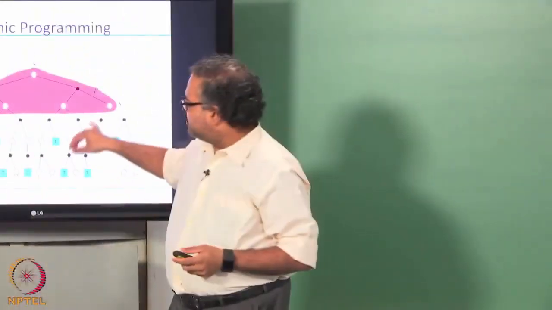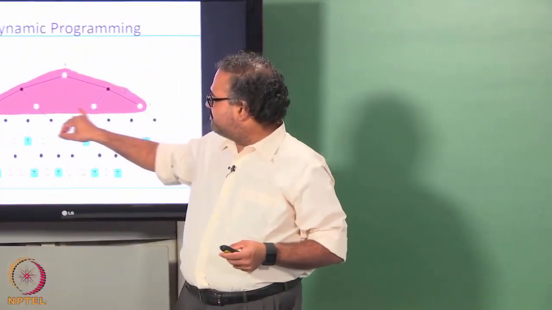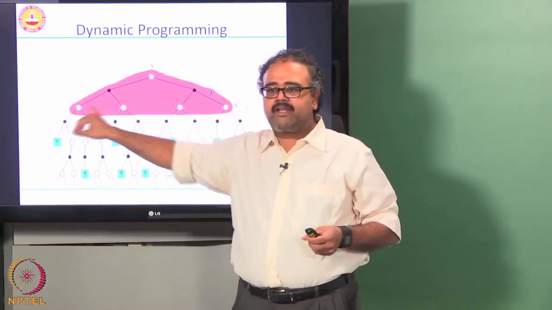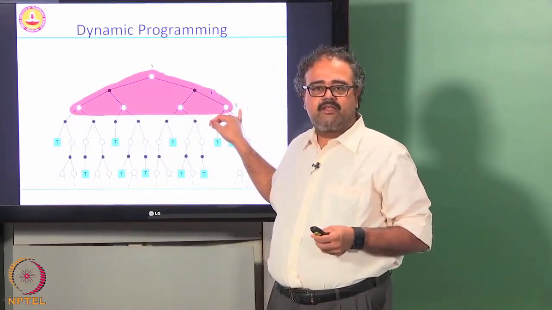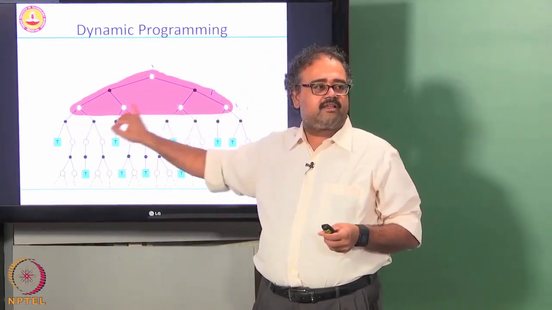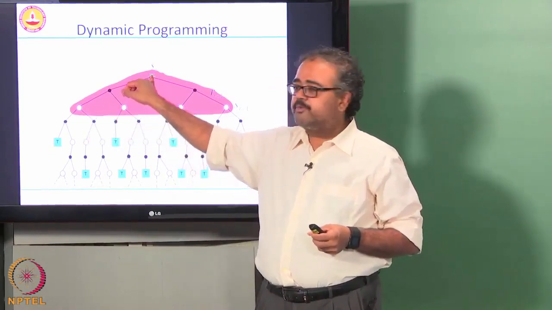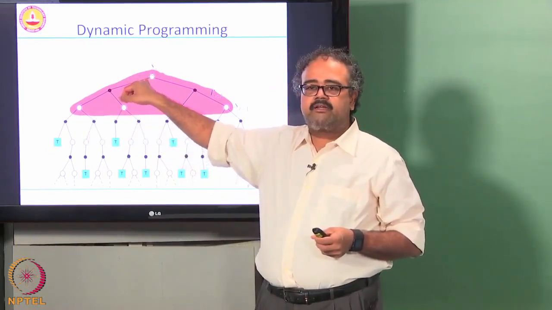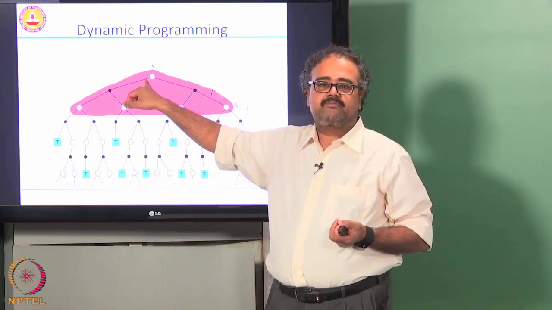So for example, one way of thinking about dynamic programming is I have this game tree. So I look at the values of winning or the expectations of winning from all of these steps. I'll use these in order to compute the value of winning or the probability of winning from this state.